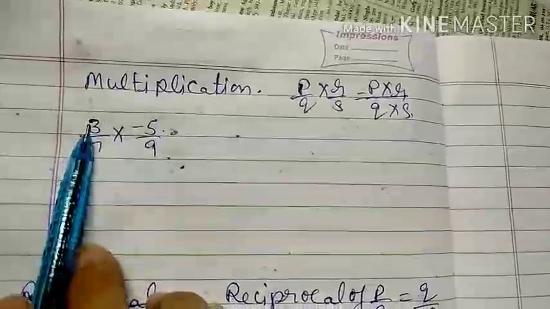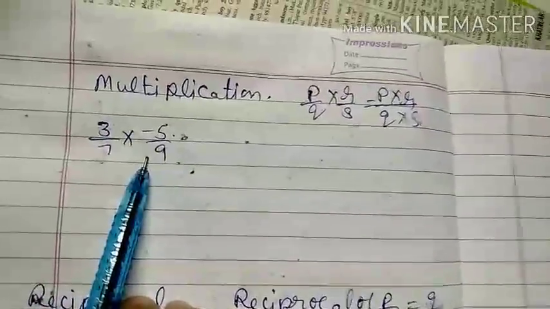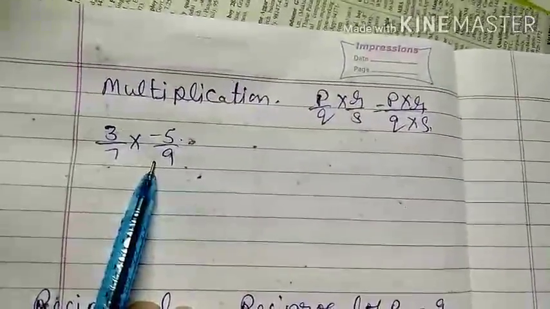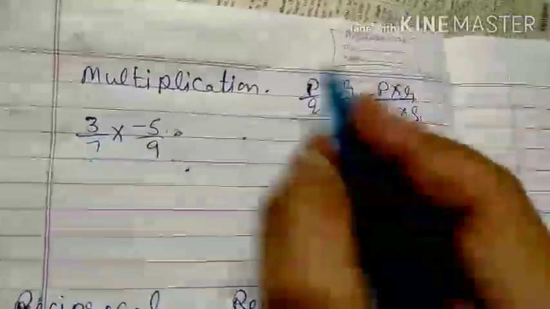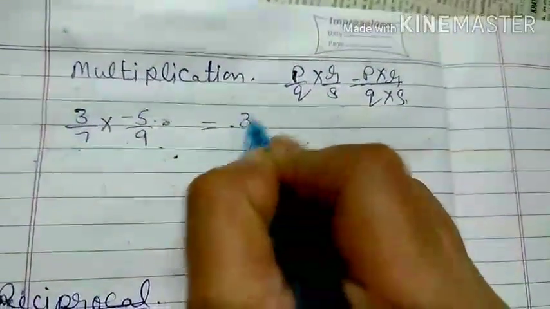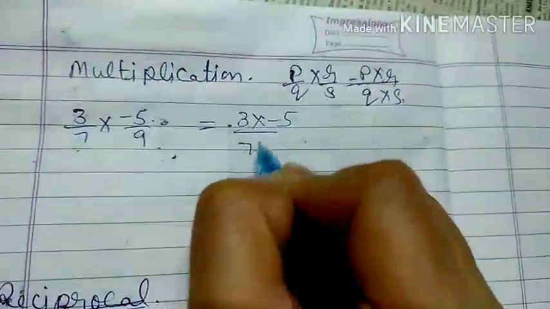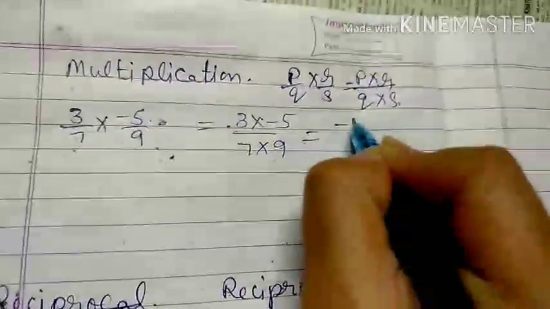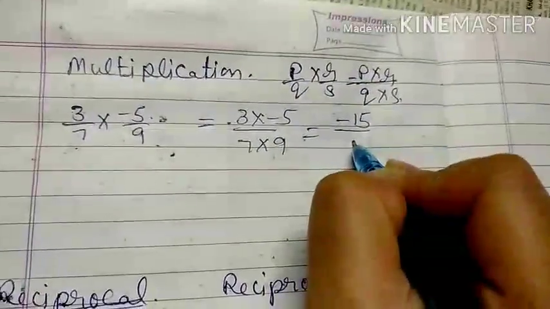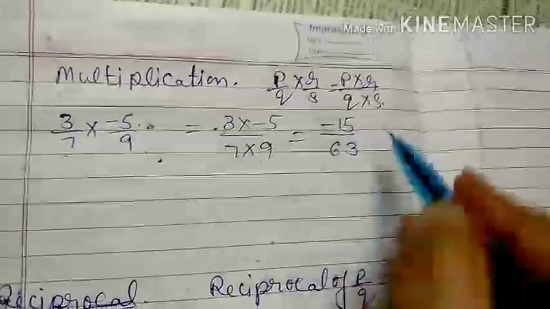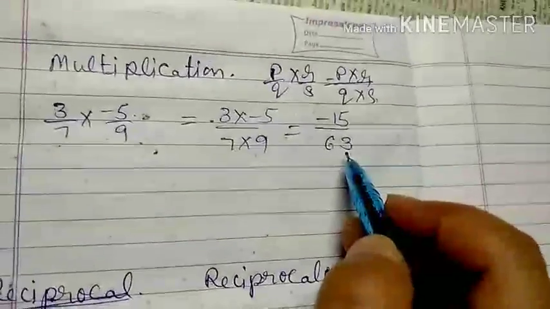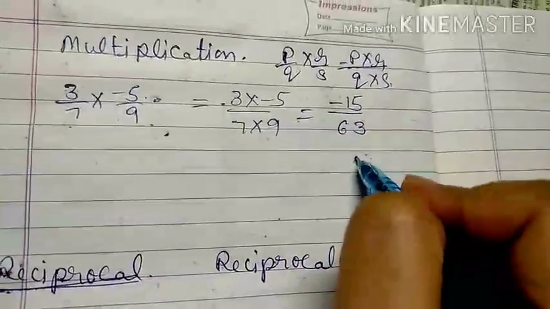Like here, 3 ones are 3, 3 threes are 9. You can either cancel this way, or you can do it another way also. Simply multiply numerator with numerator and denominator with denominator, minus 15 by 63, and then convert into the lowest form by finding the HCF.